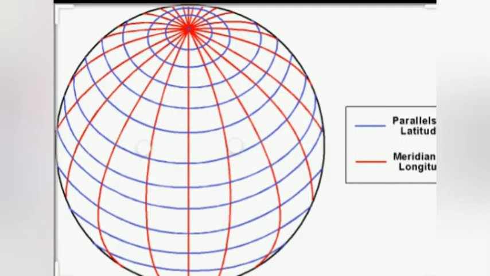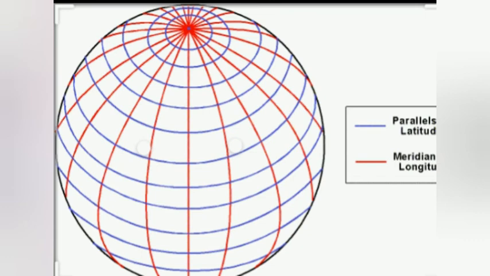There are totally how many longitudes? 360, 180 to the east and 180 to the west. The zone between the prime meridian and 180 east longitude is called the eastern hemisphere. The opposite zone is called the western hemisphere.